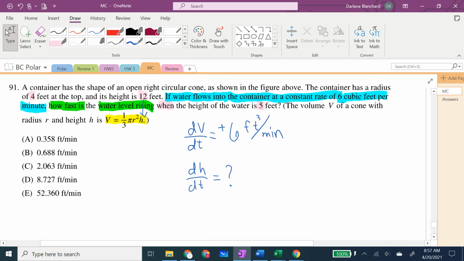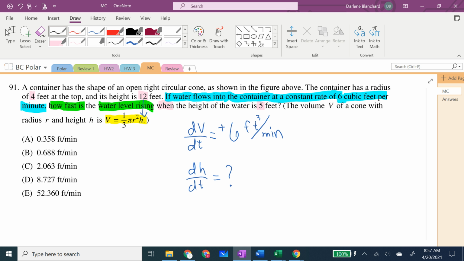So you're looking at, you need dV dt and dH dt. That's what you need an equation for. Now your step is, what is the formula that brings V and H together?